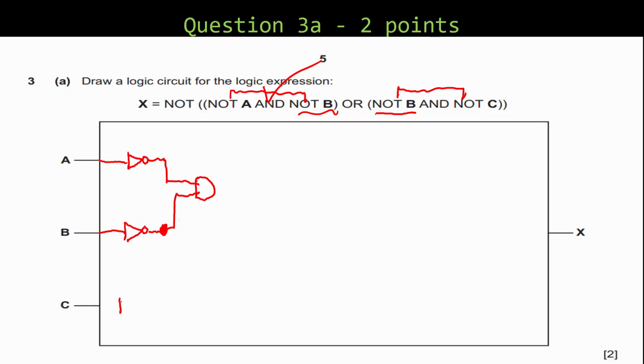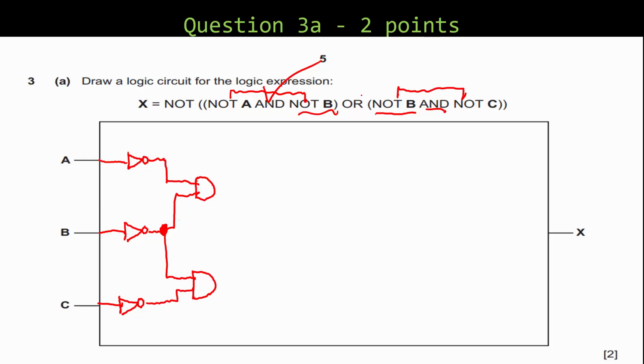I also need to do my not C. So I'm going to show that inverter there, and it wants me to put it through an AND gate. So I'm going to draw my other AND gate here. Actually, I want to make it bigger. Now, on the exam, when you're drawing your AND gates, don't confuse them with an OR gate. You want to make sure that it's clearly seen that it's an AND gate. So I'm going to draw my not B, my not C.